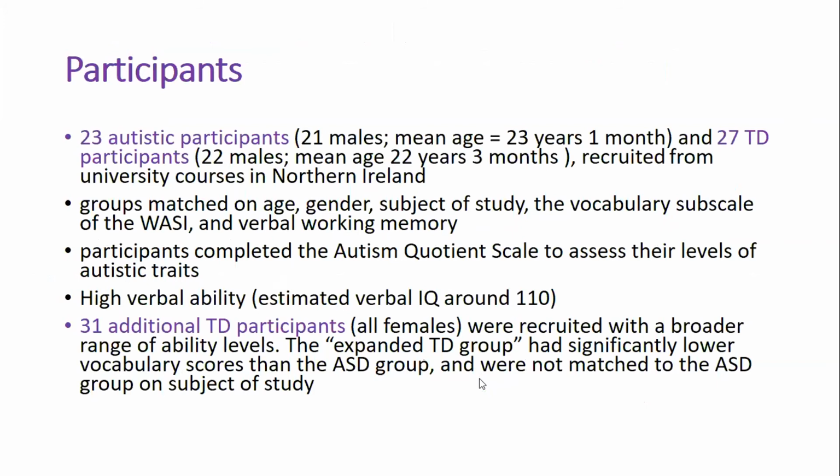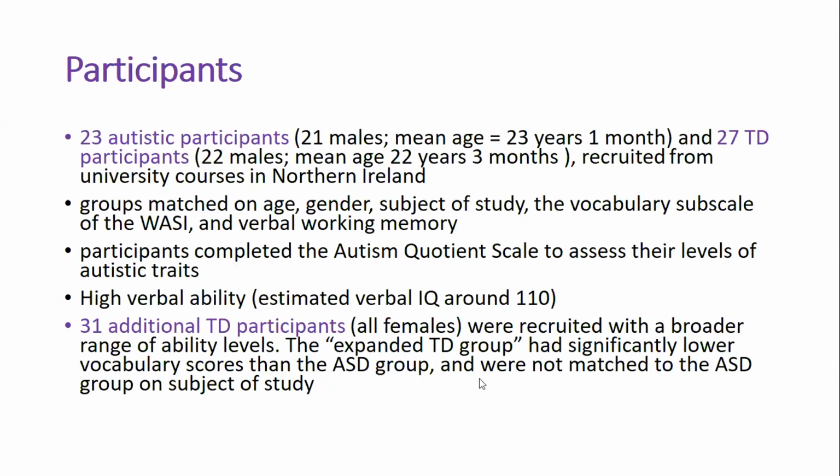So the participants in this study were 23 autistic participants and 27 typically developing participants. They were all recruited from university courses, so they were very high functioning. They were matched on age, gender, and subject of study, so they were recruited from the same university courses. We also matched them on their verbal ability, including vocabulary and verbal working memory.